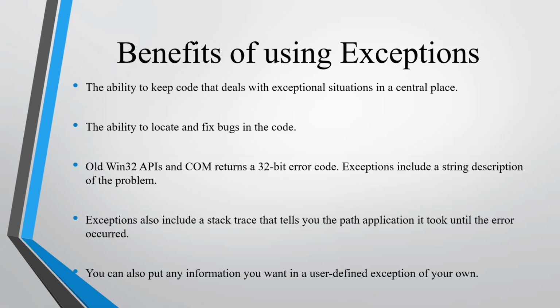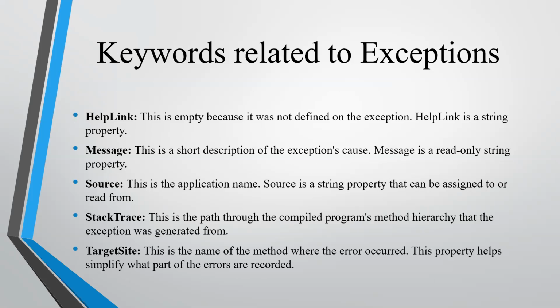Exceptions also include a stack trace, which tells you the path the application took until the error occurred in the execution of a program or application. Also, we have the liberty to put any kind of information we want in a user-defined exception, for which we use the ApplicationException class.